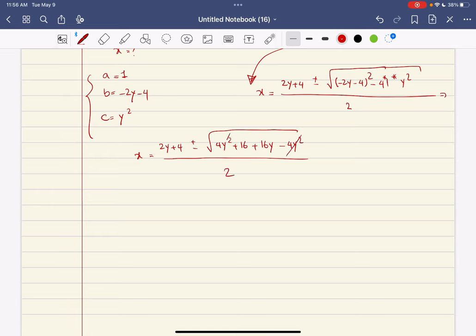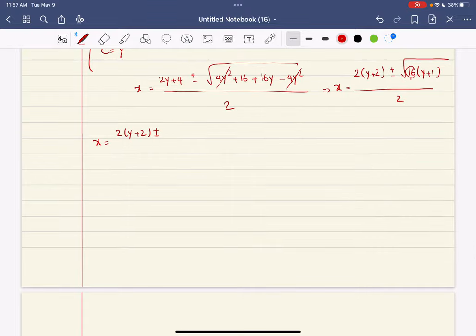So the 4y squared terms would cancel out each other. So x would be equal to 2 times y plus 2 plus minus root 16 times y plus 1, over 2. So x would be equal to 2 times y plus 2 plus minus.